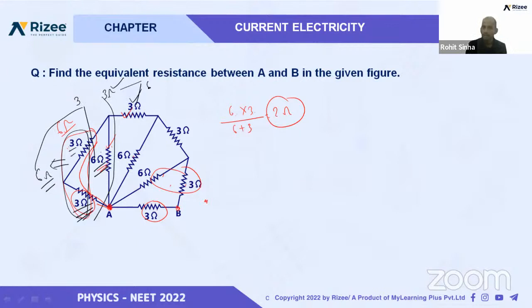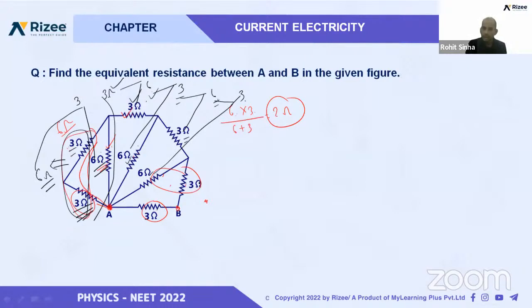Now this 3 ohm and this 3 ohm in series give 6. This 6 and this 6 in parallel give 3. Again, this 3 and this 3 in series give 6. Now this 6 and this 6 in parallel give 3.